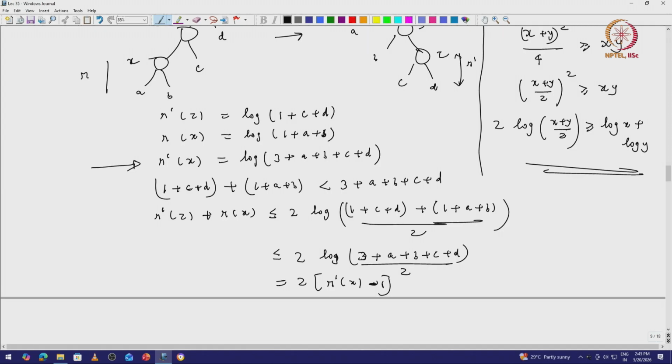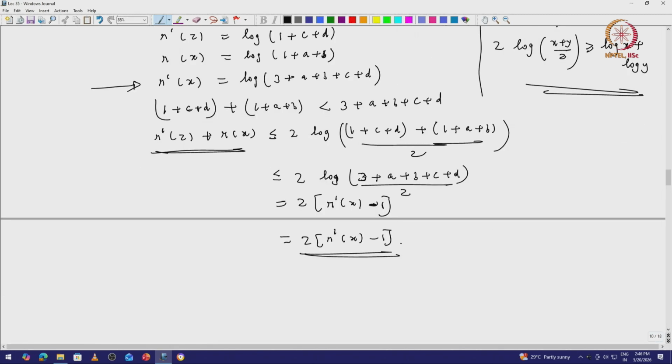Log 2 in the denominator goes as minus 1. Okay. So, that is equal to 2 times r dash x minus 1. So, r dash z plus r of x is less than or equal to 2 times r dash x minus 1.